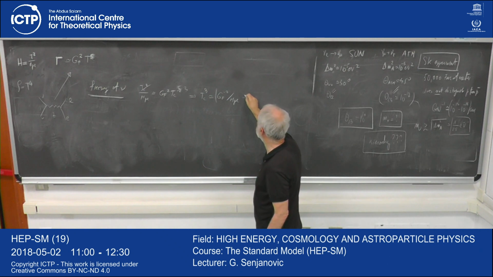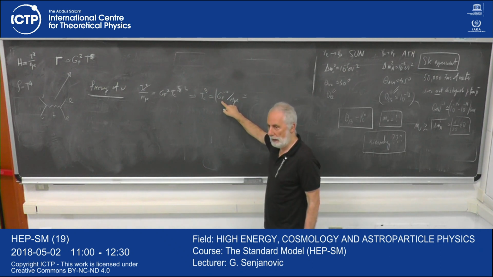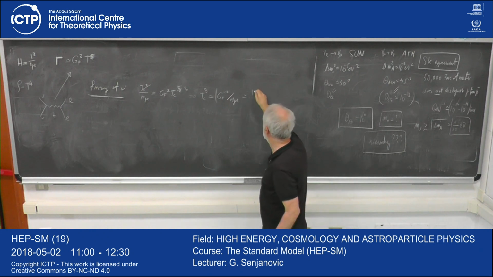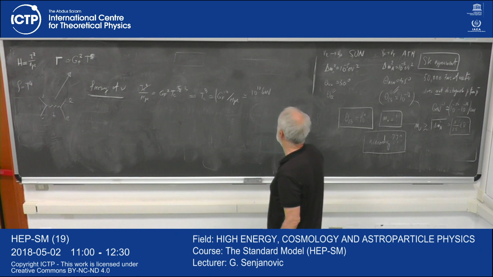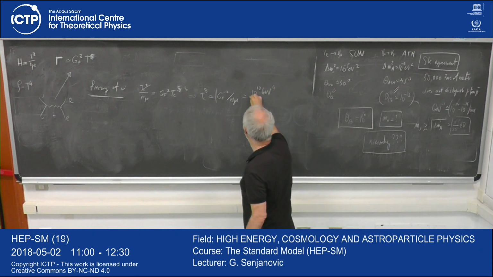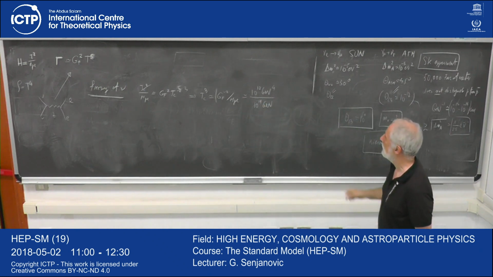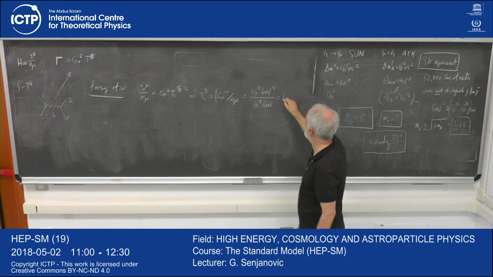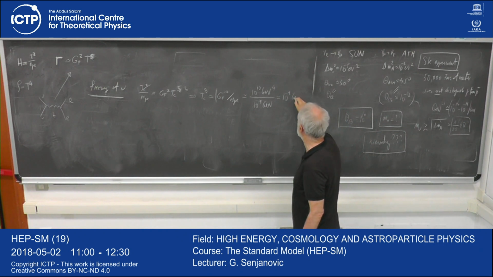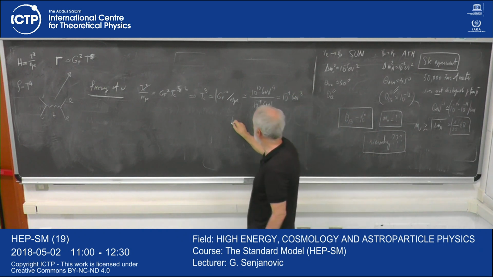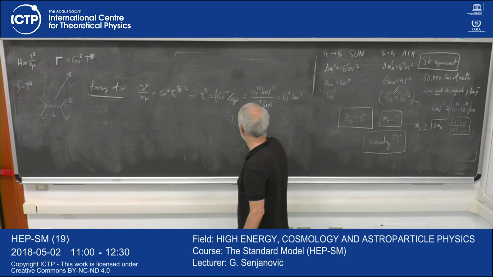What is this? This is 10 to the -5, so this is 10 to the 10 GeV to the 4th. M Planck, remember I told you, is about 10 to the 19 GeV. So I get 10 to the -9 GeV cubed. So the critical temperature is roughly an MeV.